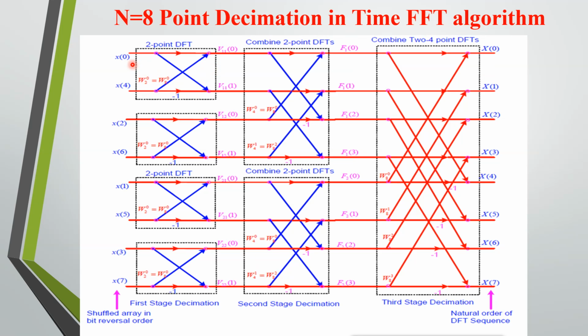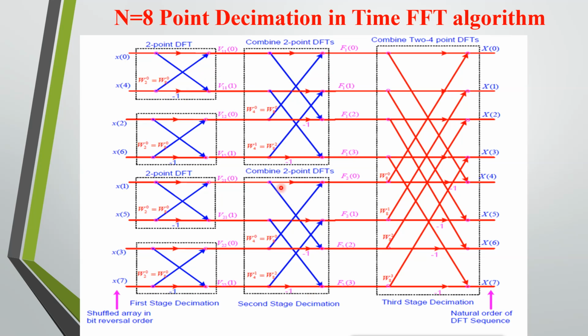Here, first step, write all the input values in the bit reversal order. Then do the butterfly operation. Baseline: draw 8 horizontal lines and then mark all the points. In the first stage, 4 butterfly operations will come.